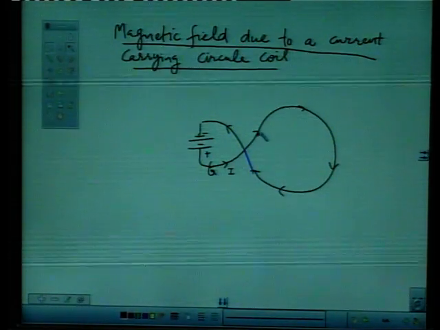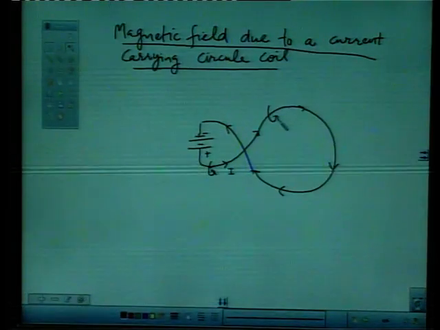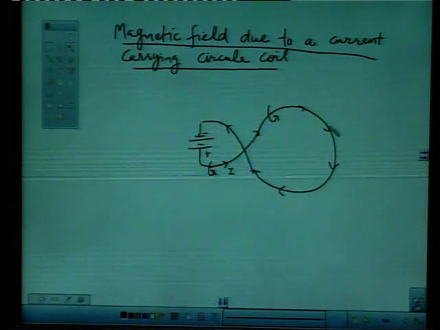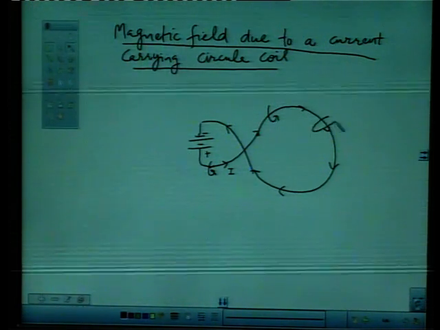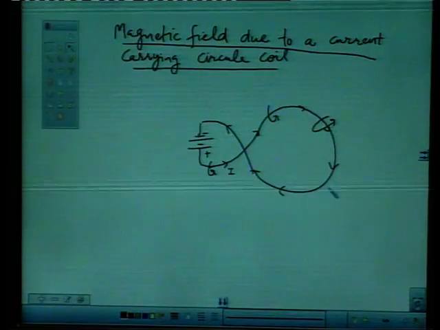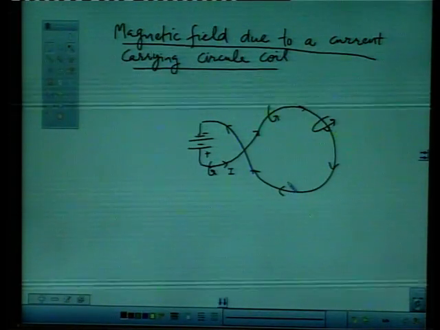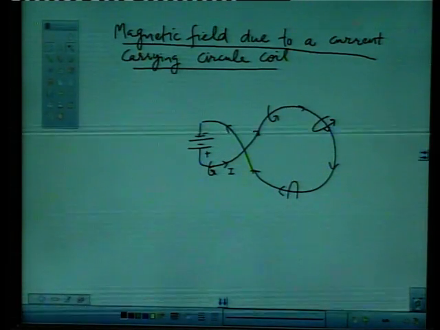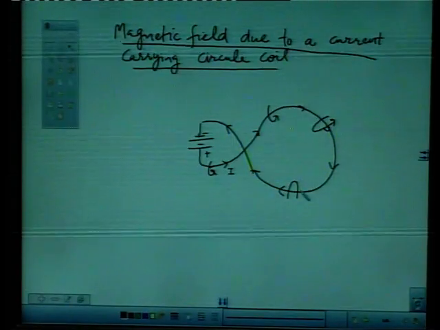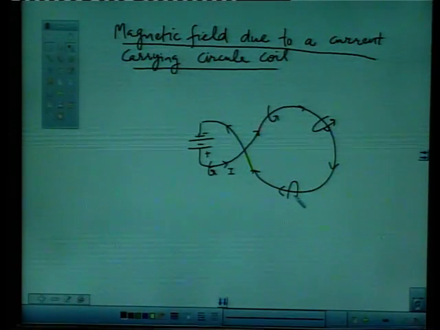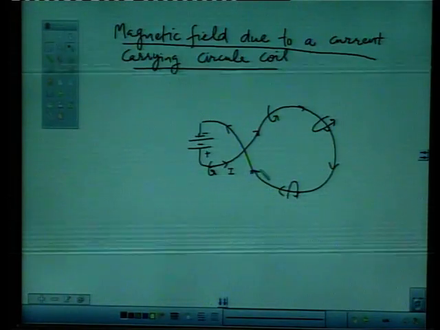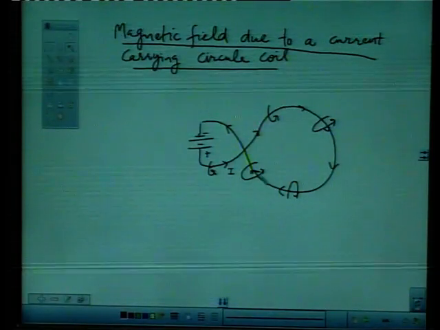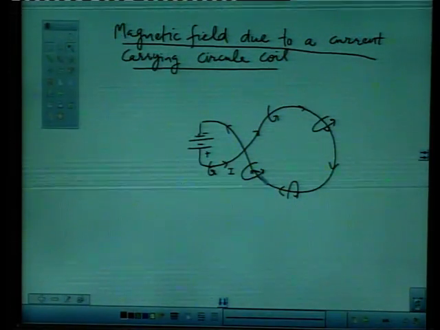So, if we take this point, this will be like this. These are the magnetic lines of force. So, at this point, like this. If we take this point, this will be like this. So, at each point the direction of magnetic field will be different.